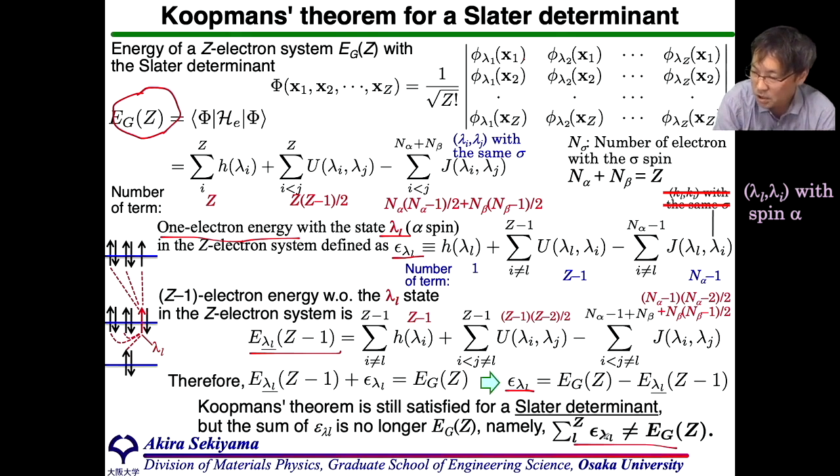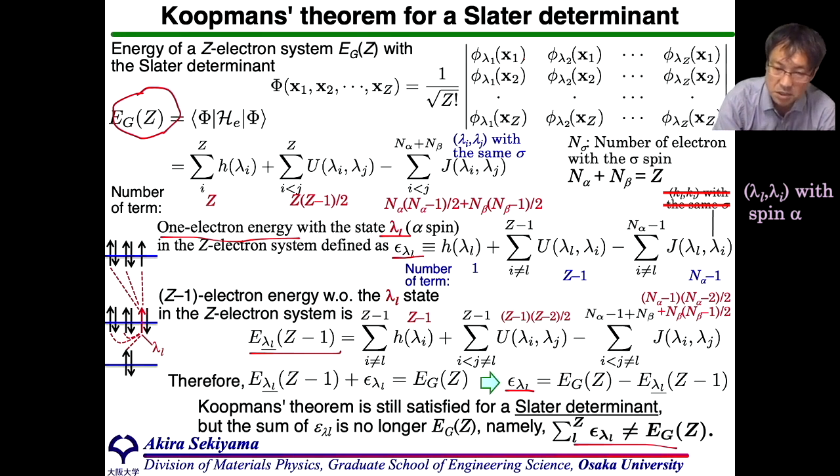When we simply calculate the sum of the one-electron energies defined by this formula, the Coulomb interactions are so-called double counted, so overestimated. Therefore, when the Coulomb interaction is switched on, we cannot obtain the total energy by the simple sum of the one-electron energy levels.